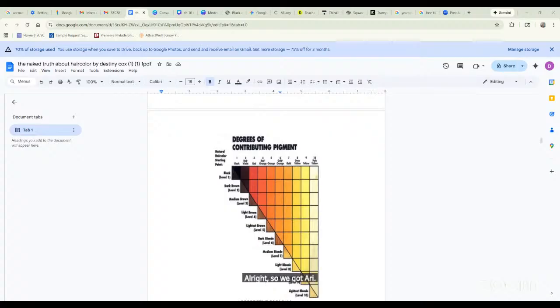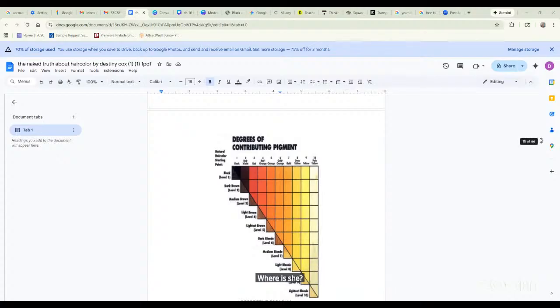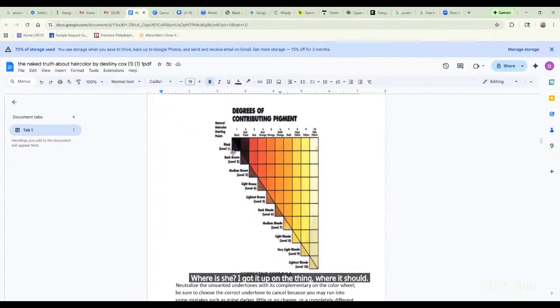What's Ari's desired level? And where is Ari? I'm going to start saying what's her natural. Where's Ari on that level system, 1 through 10? Where is she? I got it up on the chart here. So she is a 6.